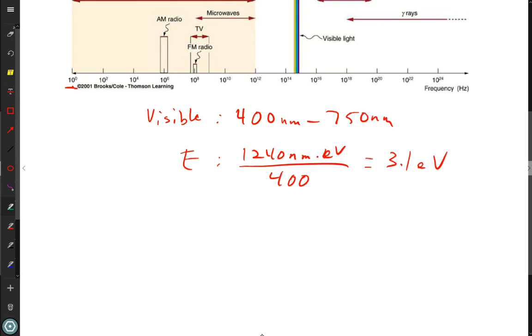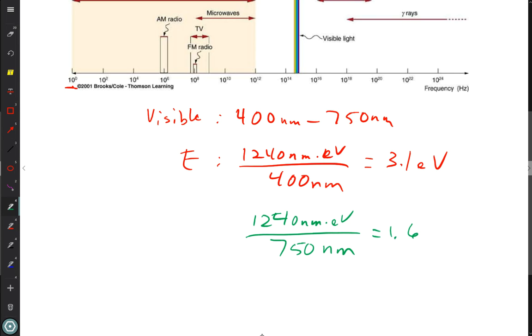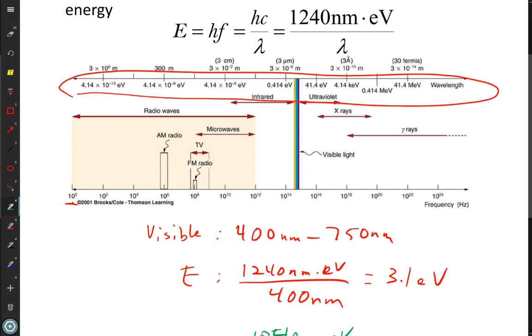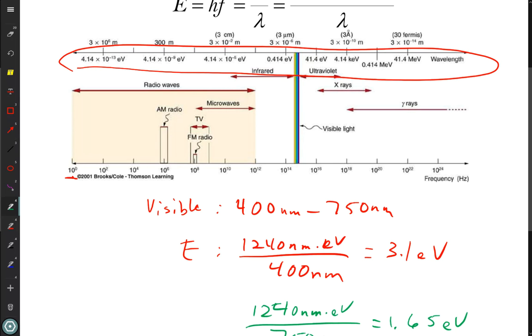And the other side of the spectrum would be 1.65 repeating. I'm just going to leave 1.65. So the visible spectrum is somewhere in that ballpark between 1.65 and 3.1 electron volts for the photon energy.